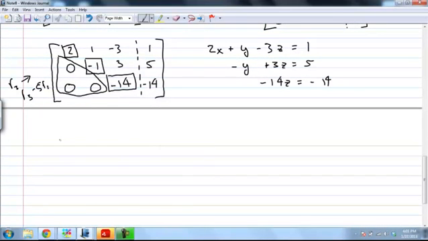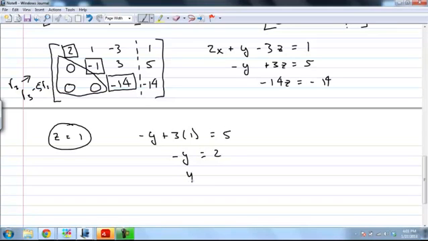From the bottom equation, I see that z is equal to 1. Using back propagation, I form the equation minus y plus 3, plugging in the value for z, 1, is equal to 5. This simplifies to minus y equals 2, so y is equal to negative 2.